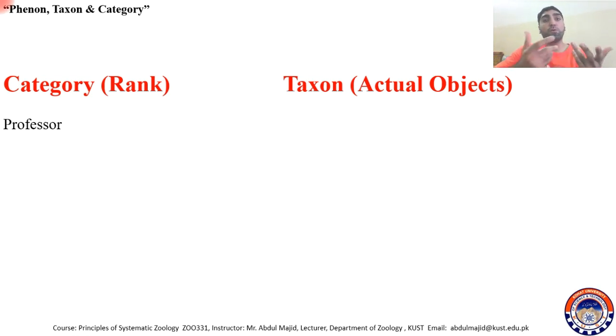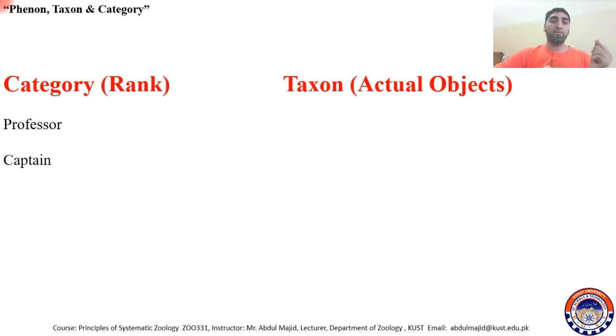If I tell you that I have a friend who is a professor in Kohat University, you can imagine that person is in BPS 21 or 22, but you still don't know who that person is.